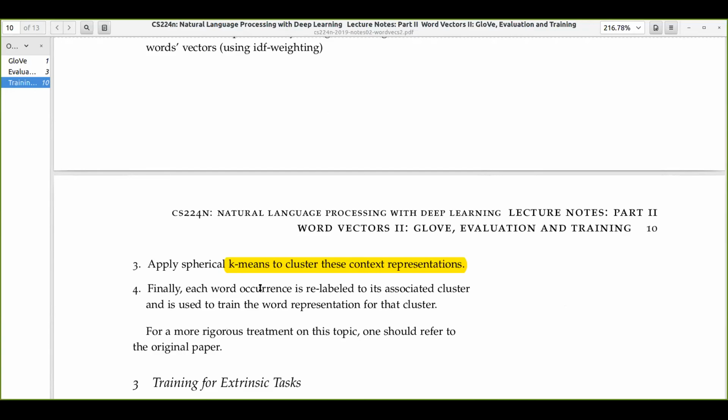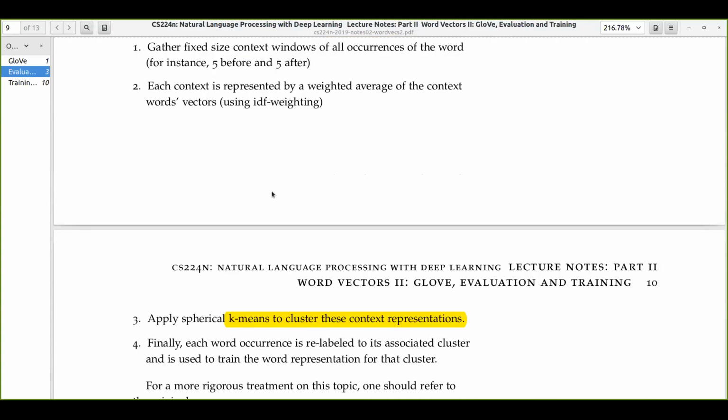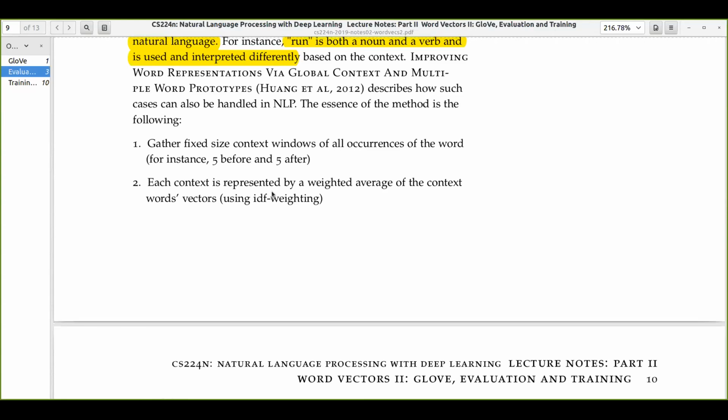For those of you who didn't get a chance to go through this part of the lecture, Christina's question is that in some cases words will have multiple meanings depending on the context in which they're used, like Nokia, or as Christina said, the word Jaguar. So depending on the situation, the word might be used for different purposes. How are we going to embed that information in our word embeddings?